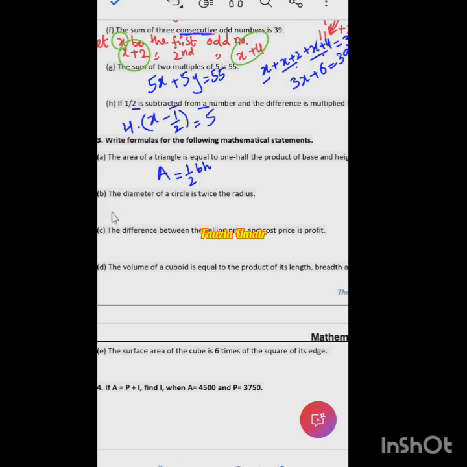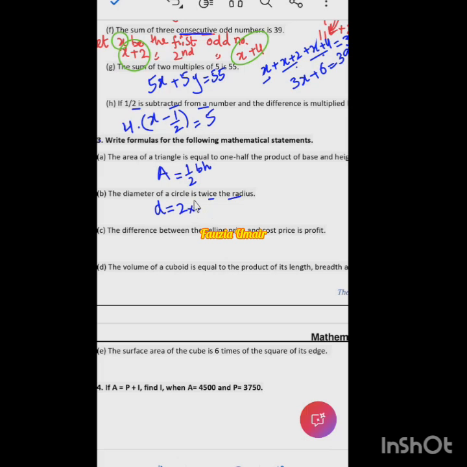Now the next is the diameter of a circle. Diameter is just shown by D, is twice the radius. So what will that be? Twice the radius. Actually, we don't write it like this, to multiply by radius.